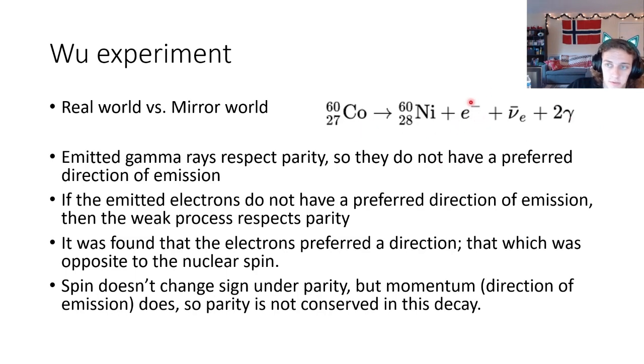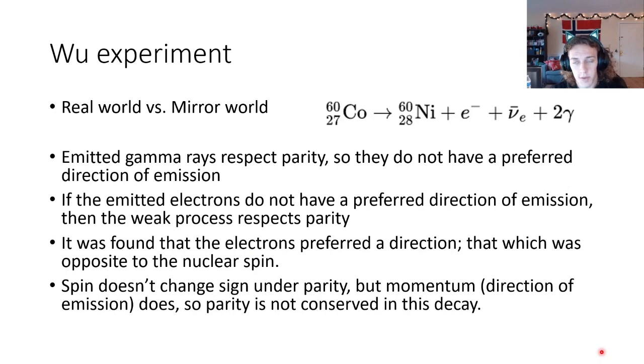So if the electrons do, we can say that the weak interaction, which is what produces this electron and this antineutrino, doesn't respect parity, which is exactly what this experiment does. In the experiment itself, the electrons preferred a direction opposite to the spin of the cobalt, right? So they're emitted in that direction.